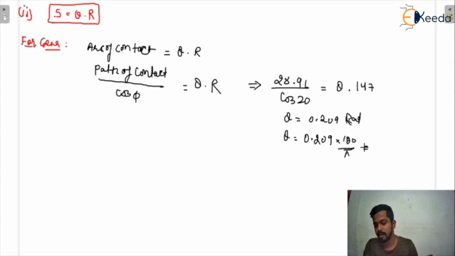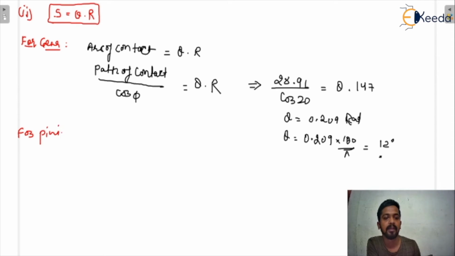That would be the theta value in degree, and that is 12 degree. Finally the value that you will get would be 12 degree. That means the gear makes an arc of 12 degree in one full engagement period. Now for the pinion, what would be the value of theta? Angle turned through the pinion.